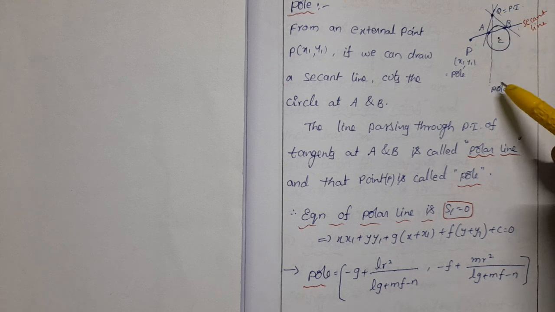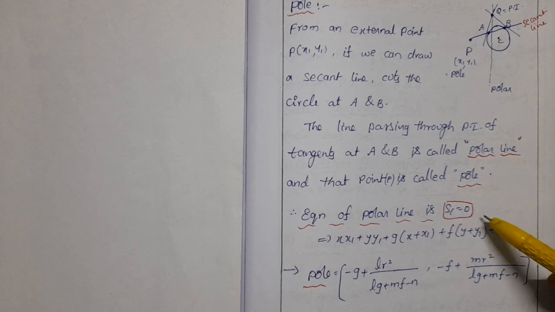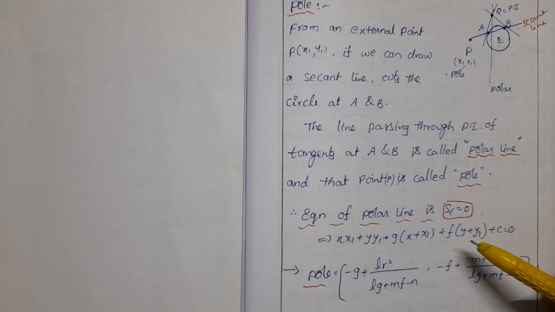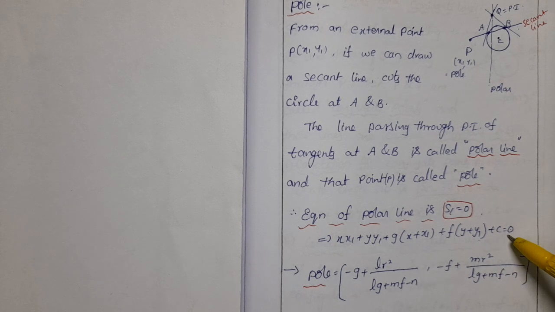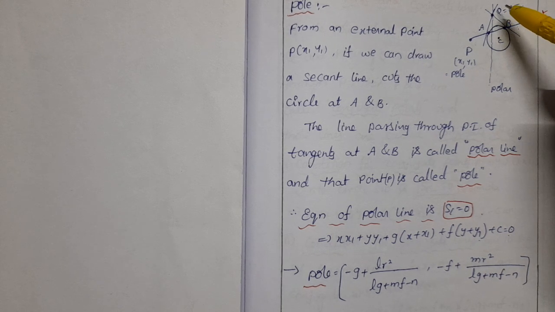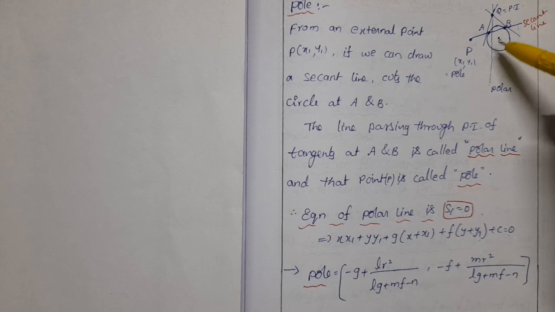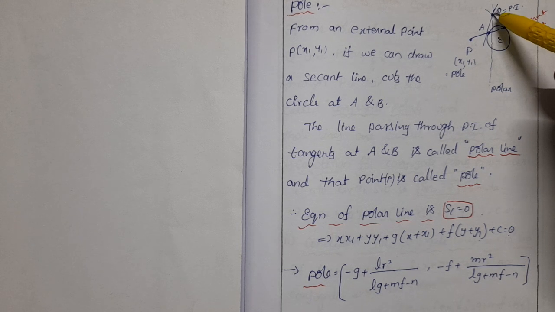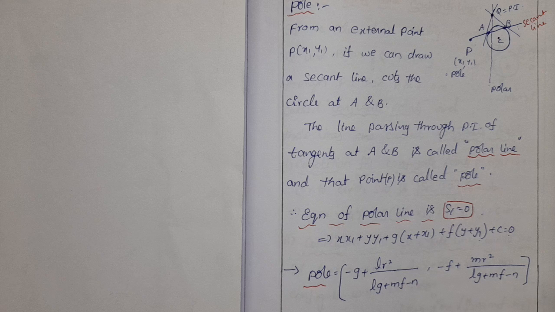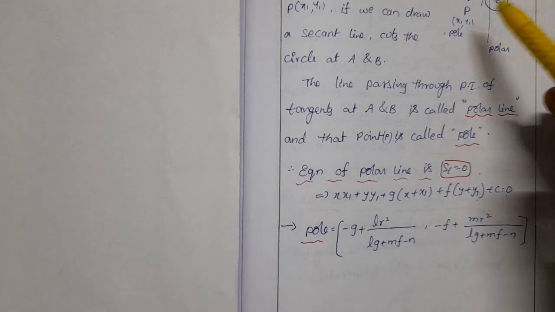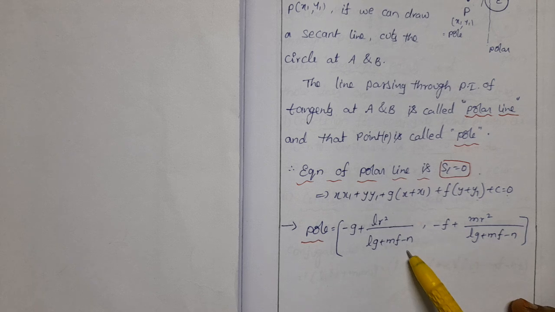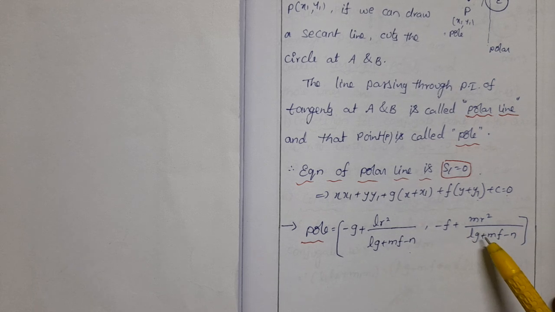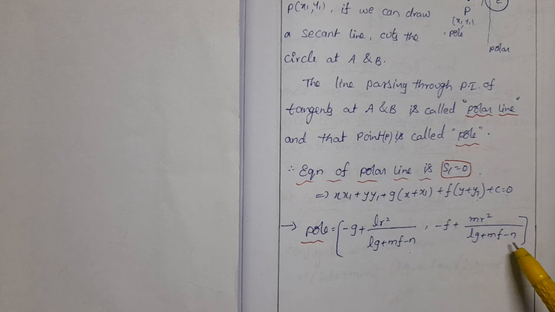This polar equation is S1 equal to 0: x x1 plus y y1 plus g into (x plus x1) plus f into (y plus y1) plus c equal to 0. This pole formula is minus g plus lr square by lg plus mf minus n, minus f plus mr square by lg plus mf minus n.